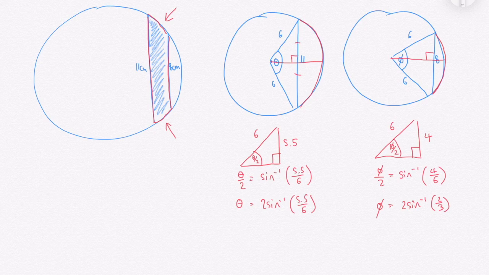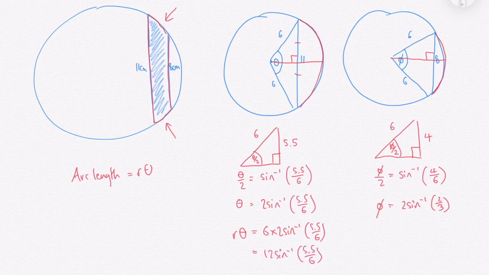We want to find the arc length, and we know the arc length is equal to r theta. So in this case, we have r theta equals 6 times 2 sine inverse of 5.5 over 6, which is 12 sine inverse of 5.5 over 6. And in this case, it's not r theta, it's r phi. R phi is equal to 6 times 2 sine inverse of 2/3, which is 12 sine inverse of 2/3.